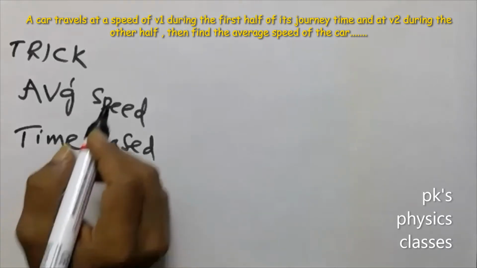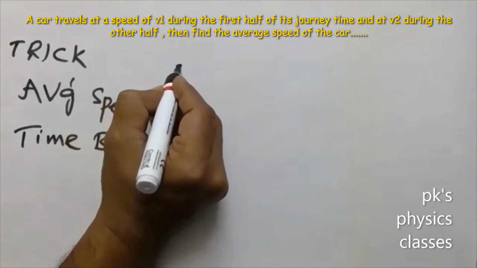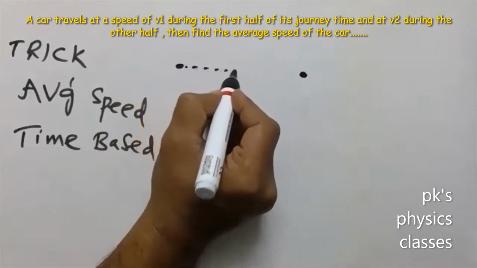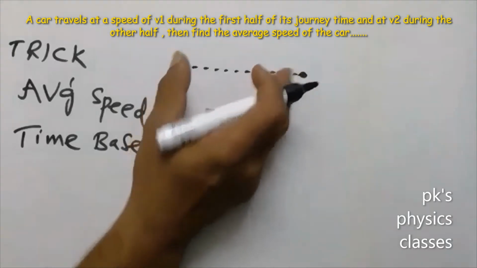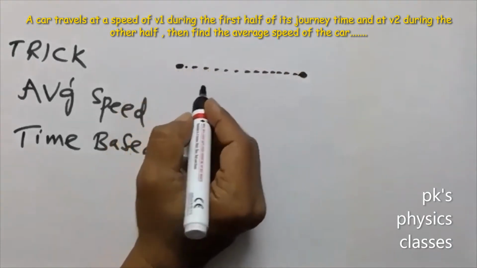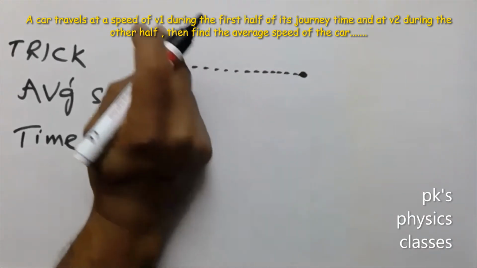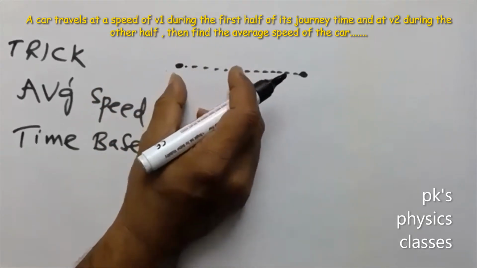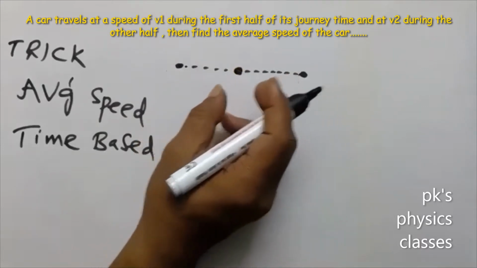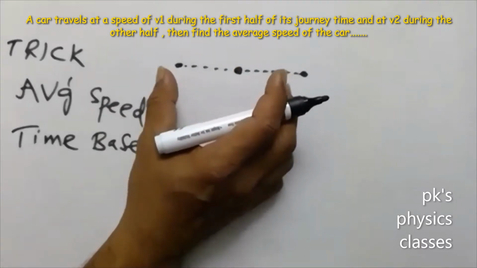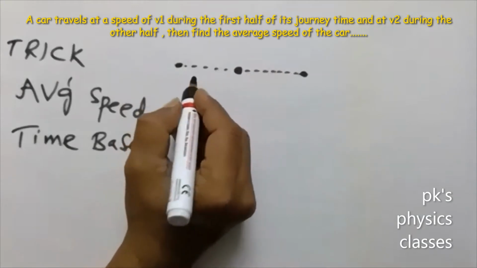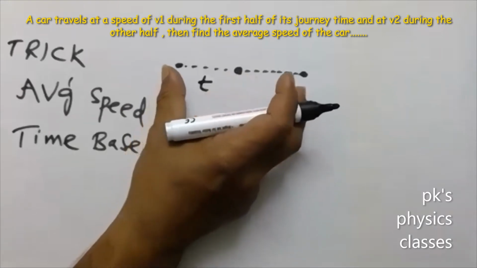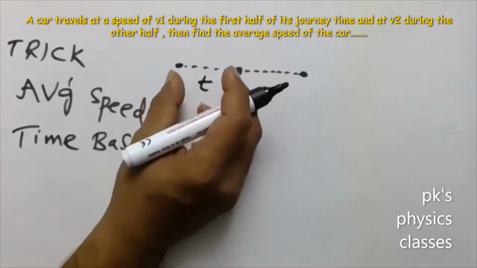To find this, just try to understand this is the total journey in terms of time. It's not the distance, it is the time. Now, from the question, you can understand that the total time is divided into two halves.